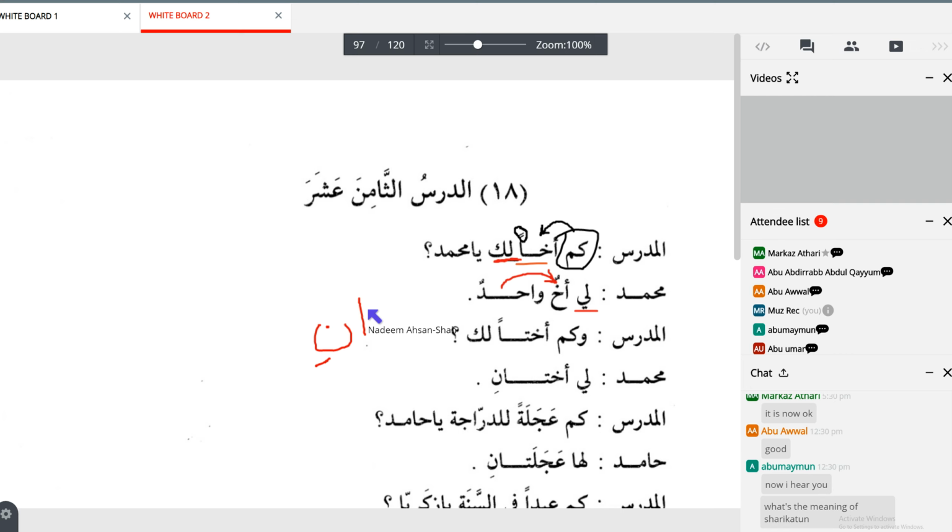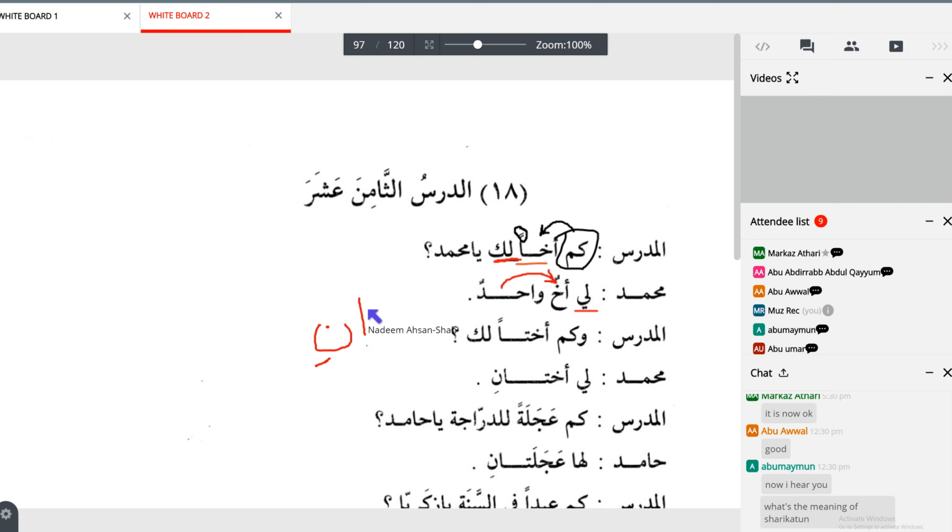Zakaria says, في السنة عيدان. في السنة عيدان. Okay. In a year, there are 2 Eids. He has the word Eid and just quite simply adds alif and noon at the end of it. And there's a kasra also on that noon. That kasra comes with the alif and noon. That's how it's fixed. Jayyid.